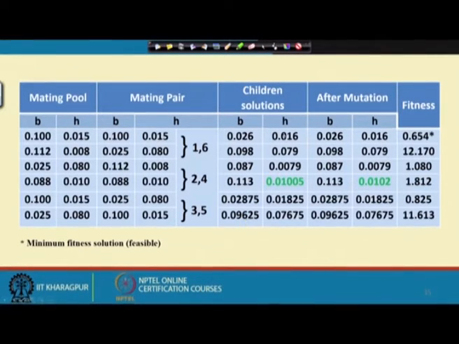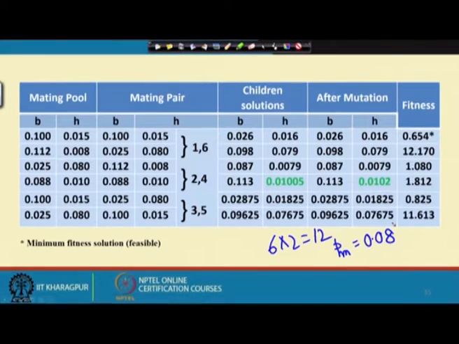So, 6 multiplied by 2, that means there are 12 such numerical values. Now, we will have to concentrate on the probability of mutation. In this particular problem, the probability of mutation has been taken to be equal to 0.08.